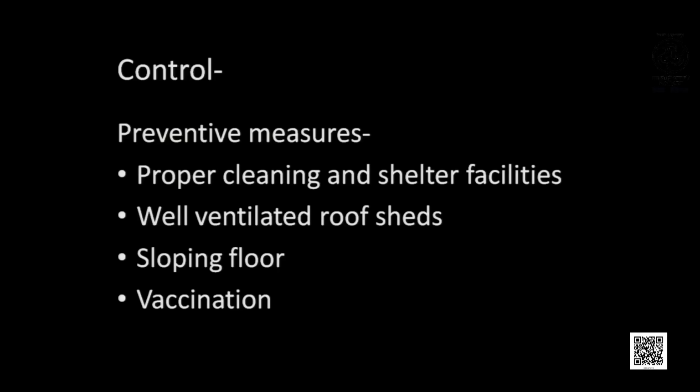That means proper cleaning and shelter facilities, well ventilated roof sheds, sloping floor, that is to prevent logging of water around, and it will prevent the spread of larvae of mosquitoes and other insects. And also time to time vaccination is required as a preventive measure.